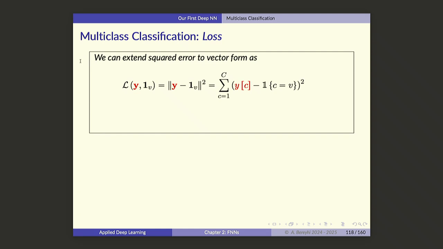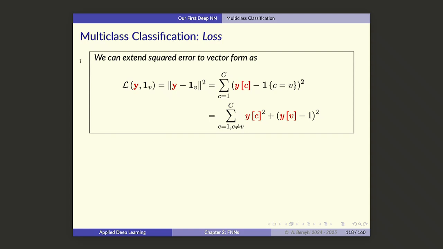So you can more easily write it in this form. It's going to be y squared for every class which is not the true class. So you get the probability computed by your neural network squared for every class that is not the true class. And for your particular class, which is the true class, you subtract it from 1, and then square it, right?